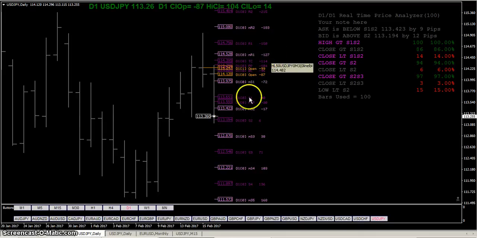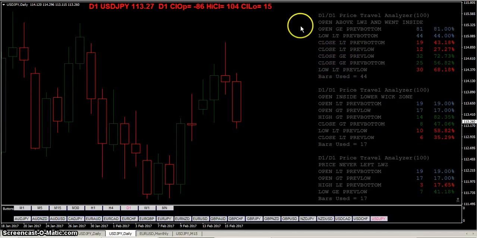I'll be looking for the bounce. You can see it's in the rat zone. It's 14, 15 pips above the low. You know it's going to probably come out at least 20 or higher based on the price travel analyzer, which we have here. And since my last video, of course, I've made some improvements to this one also.